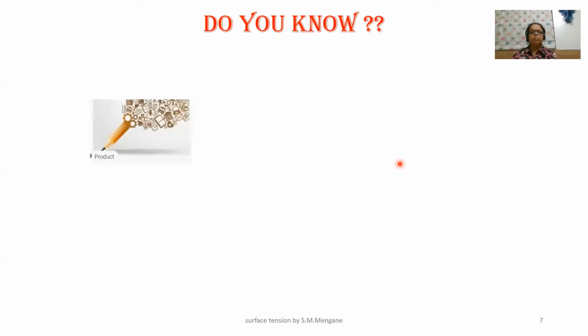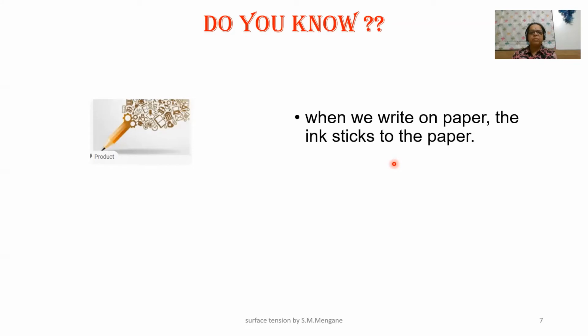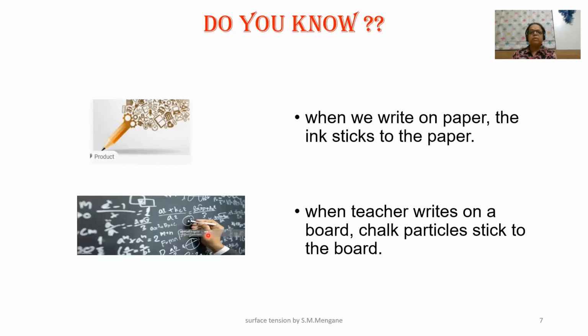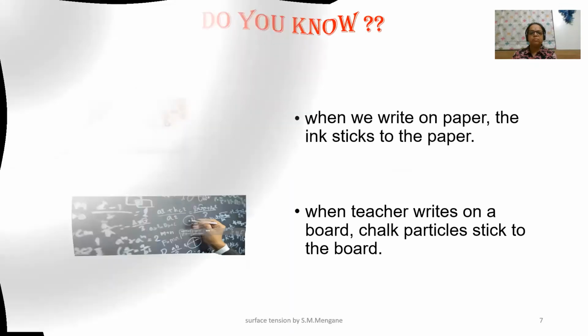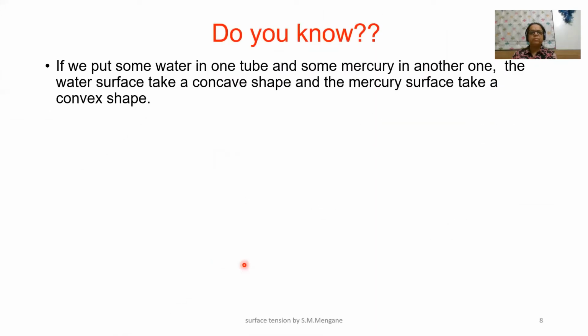Do you know, when we write on paper, the ink sticks to the paper. When a teacher writes on a board, chalk particles stick to the board. We also observe that if we put some water in a tube and some mercury in another, the water surface takes a concave shape and the mercury surface takes a convex shape.